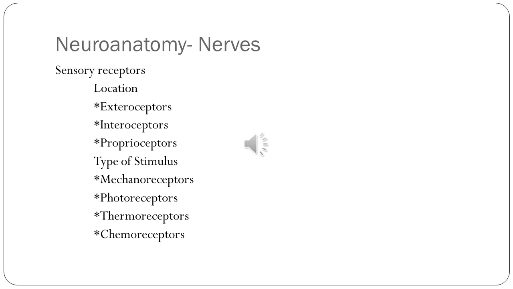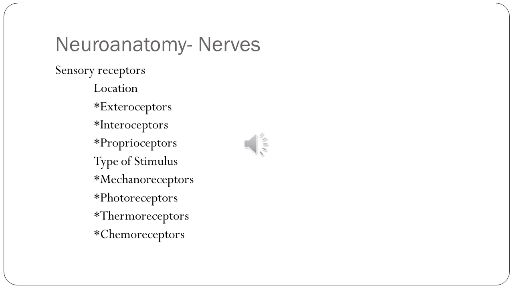They are stimulated by stimuli coming from the visceral organs and the blood vessels. Again, exteroreceptors are close to the surface of the skin and sensitive to stimulus outside the body. Interoreceptors are located internally, and they're responsible for stimuli from the visceral organs, or your organs, and the blood vessels.